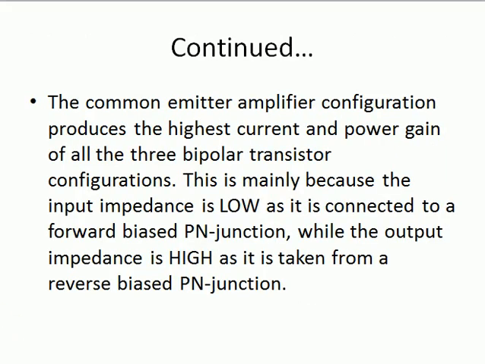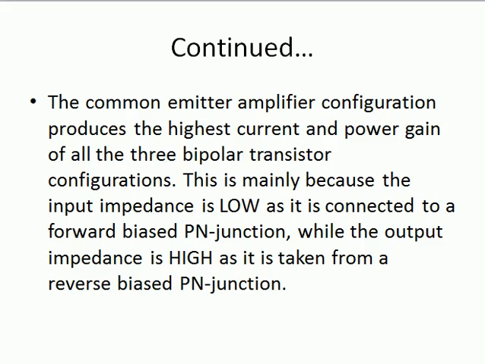So the common emitter amplifier configuration produces the highest current and power gain of all the three bipolar junction transistor configurations. And why is it so? Because here the input impedance, or you may say the input resistance, basically when we are using an AC signal, instead of the word resistance we use the word impedance, because in impedance we have the resistive part as well as the capacitive or inductive part.